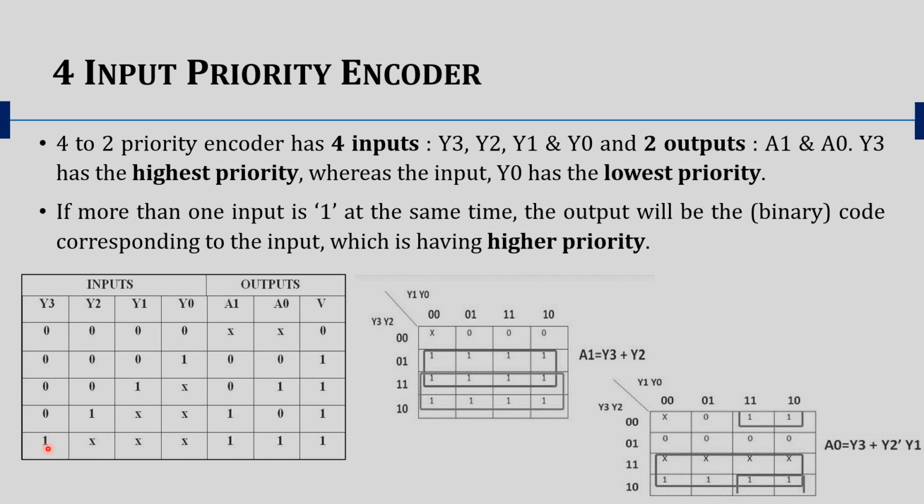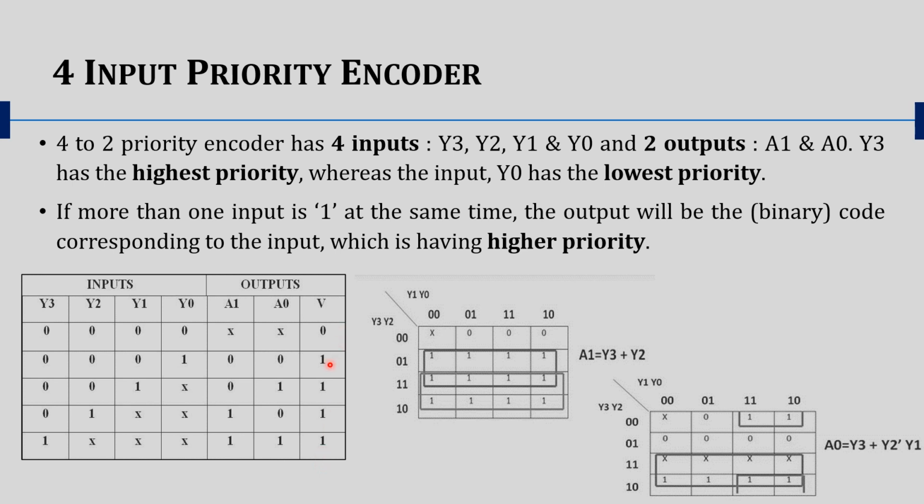Then when Y3 is equal to 1, whatever the input values in Y2, Y1 and Y0, we don't care. So for the combination 1 x x x, A1 and A0 will have the value 1. This V represents the valid output.